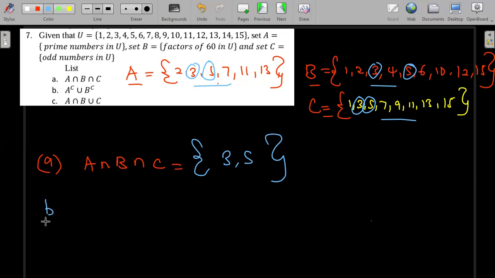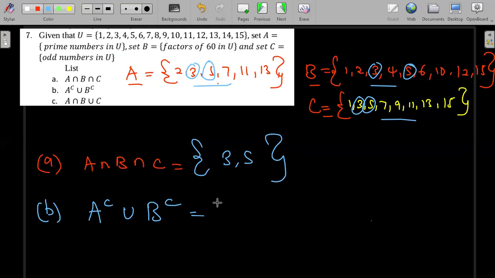And then B. We have A complement union B complement. We have a number of ways in which we can solve this; it depends on which one you think is simple. Later on we're going to talk about some set laws called De Morgan's laws.